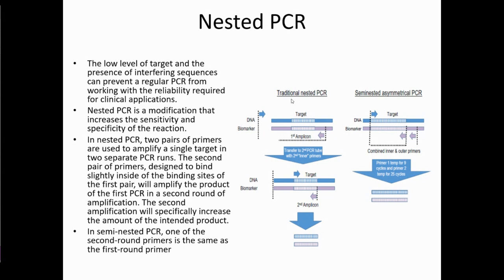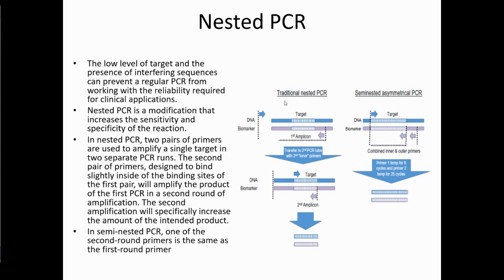The only major concern for this method is the contamination that can occur during the transfer of the first round product to the second tube for the second round of amplification. That's the major concern, because you have to perform these 2 different rounds, so you have to transfer the product from the first round to the second round, and then you might introduce contamination.